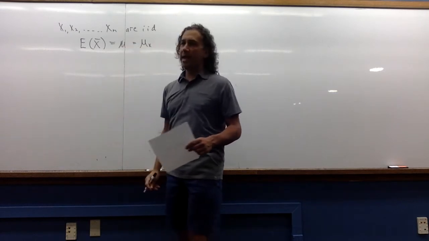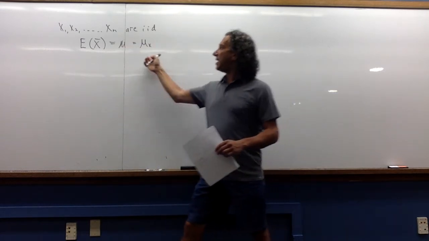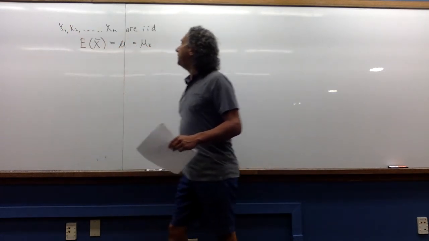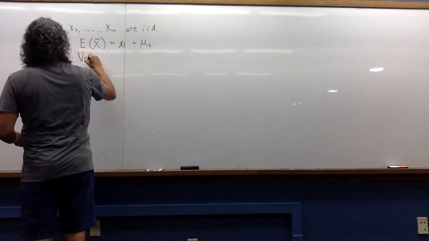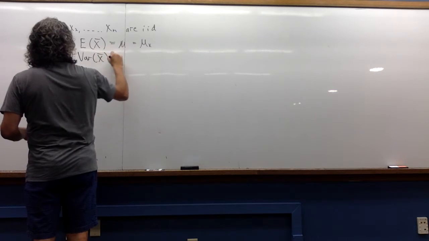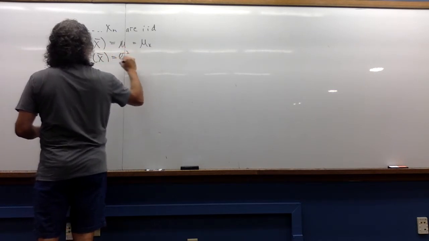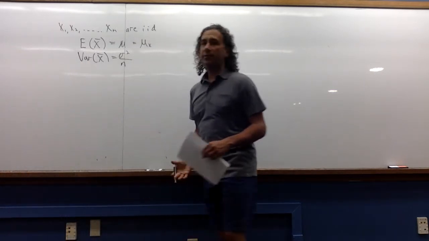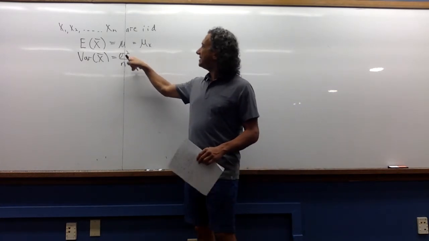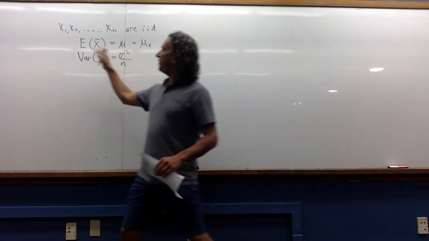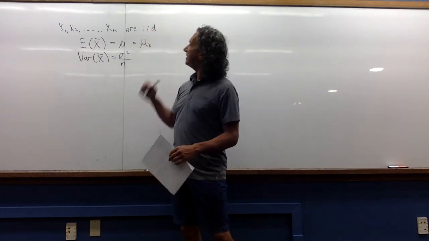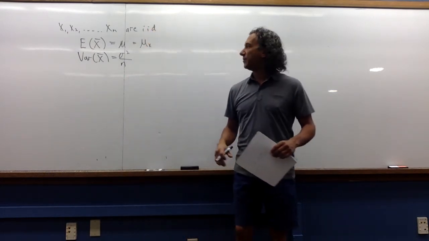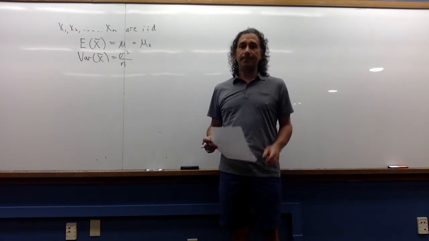When I don't put a subscript x there, I'm thinking of the individual x's. We also learned that the variance of x bar is sigma squared over n. This is a result that we proved. And this sigma squared is the variance of a particular x sub i, but since they are identically distributed, we can just denote that as sigma squared.